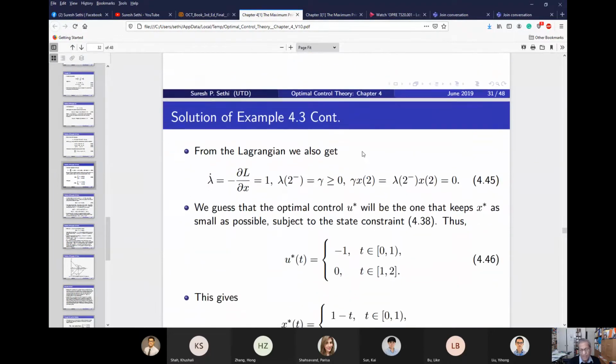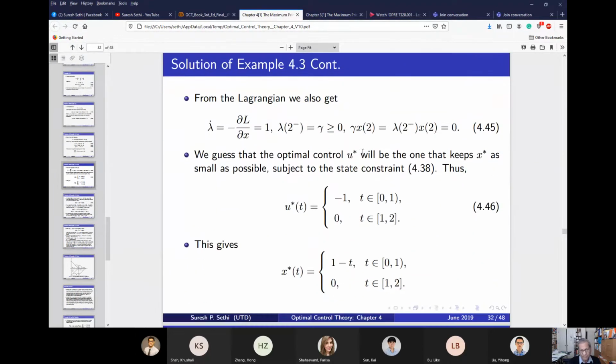And now comes a little trick. If you apply lambda 2 dot, lambda dot is 1, lambda 2 minus is gamma, which is bigger than or equal to 0, and gamma x2 is the complementary slackness condition. So in order for us to solve the problem, we go backward in time. And so we go from lambda 2 to earlier time. So now we have to go from 2 minus to earlier time, but I don't have a value here. I have some condition here.